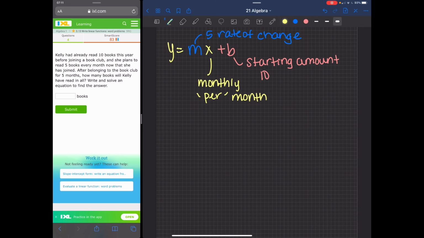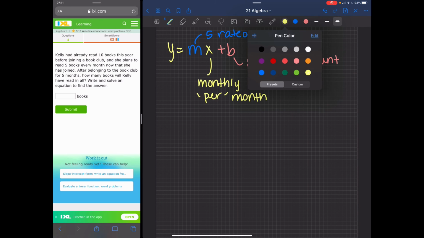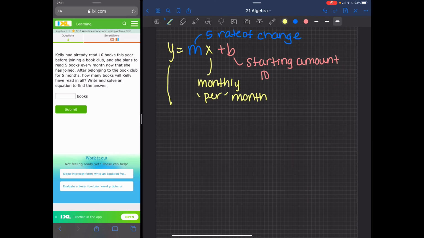And then y is going to be the total number of books read. Okay, so it wants us to know what happens after belonging to the book club for 5 months. How many books will Kelly have read in all?